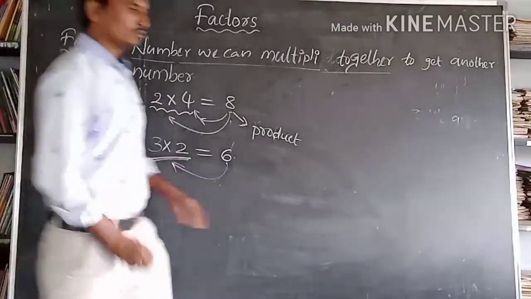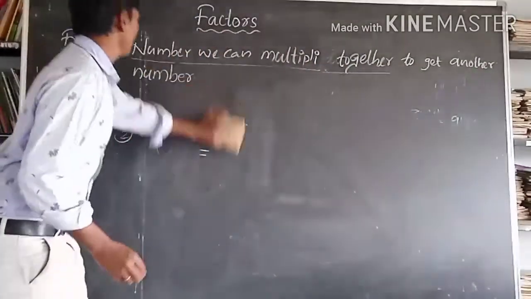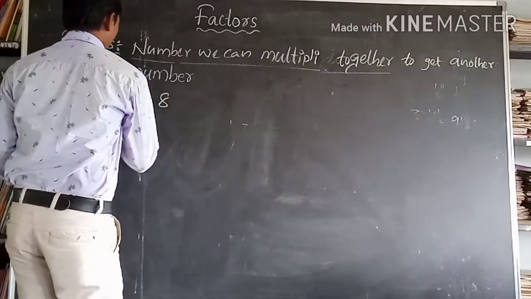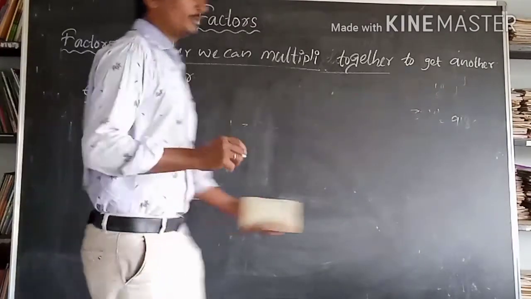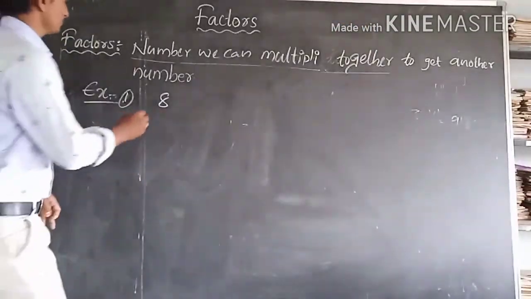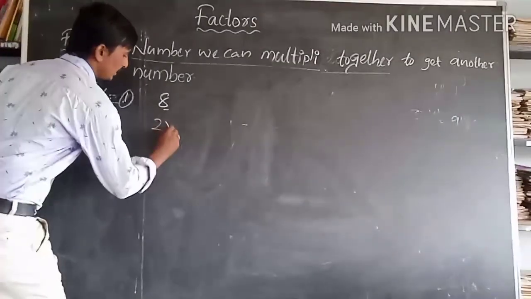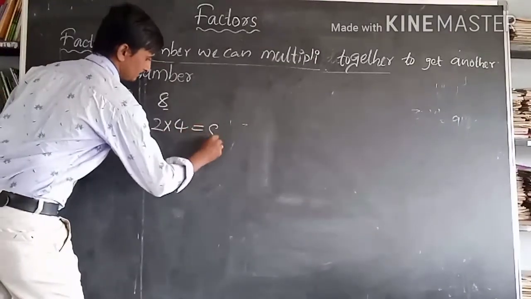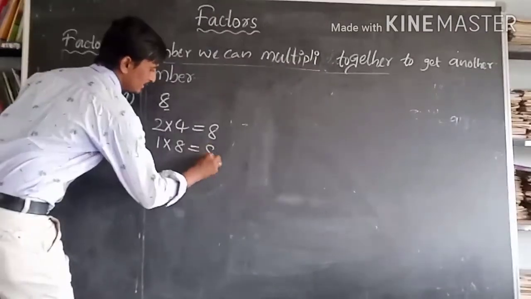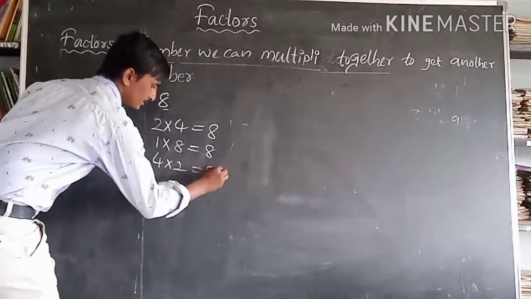Now we'll find the factors of some number. We'll take 8. 8 is one number. We'll find how many factors there are in 8. 2 multiplied by 4 is 8. 1 multiplied by 8 is 8. 4 multiplied by 2 is 8.